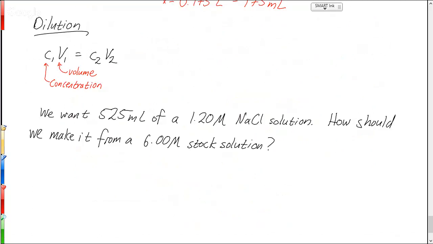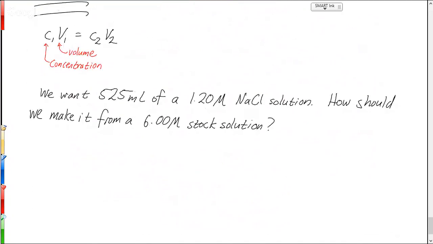You do your stoichiometry calculations, you figure out you need 525 milliliters of a 1.2 molar solution. Okay, great. It's 1.2 molar, that's not a standard concentration, but we've got a bunch of 6 molar solution ready to go. So how do we make the 1.2 molar out of the 6 molar? Use the equation from above. So we're going to start with 6 molar, that's our C1. And our V1 is what we're solving for.